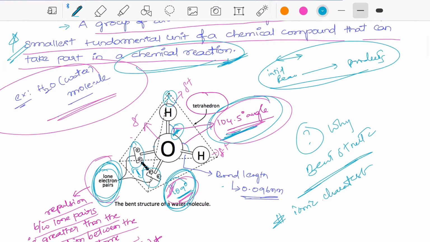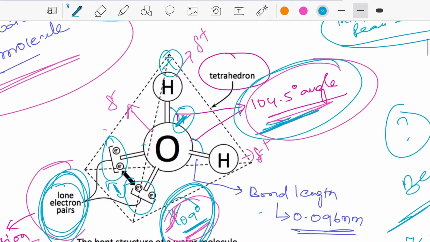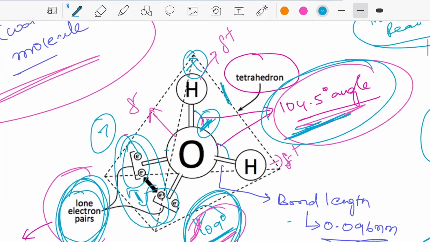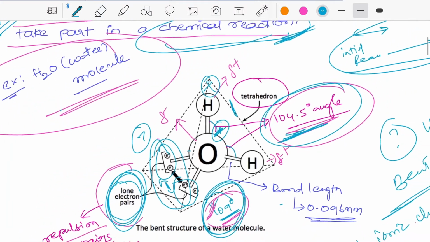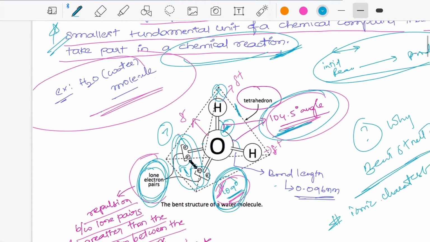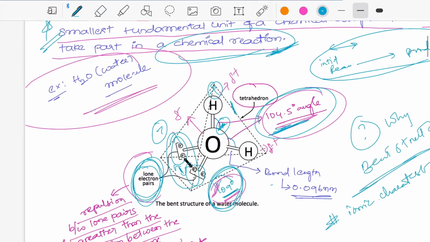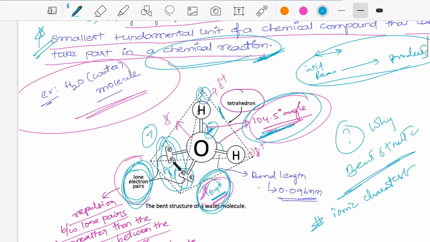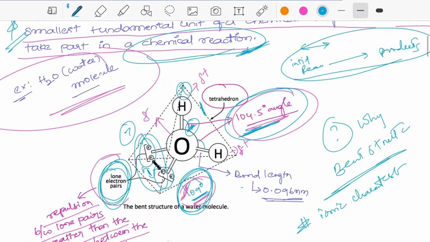Okay, here the repulsion between these two lone pairs of electrons is greater than the repulsion between these hydrogen atoms. So this H2O molecule is bent in structure due to the dipole moment, due to the polarity, because O is polar. In case of polarity, oxygen is more electronegative.